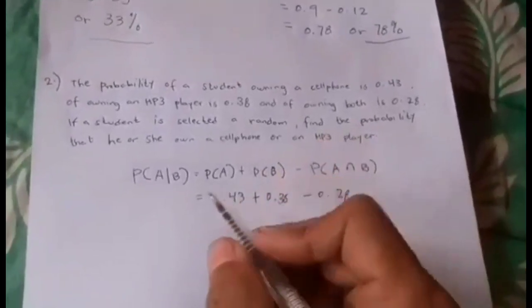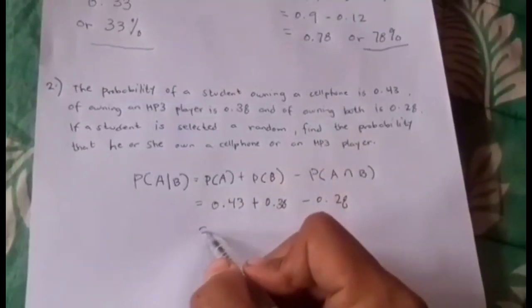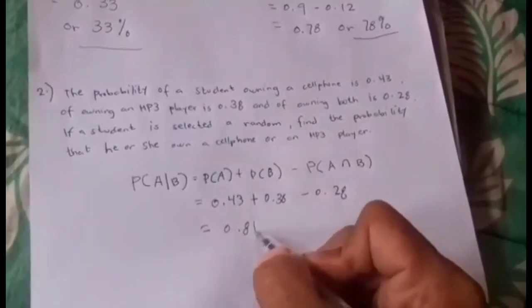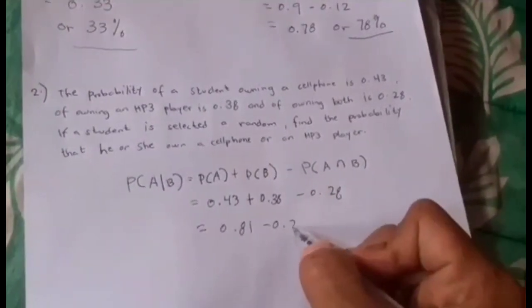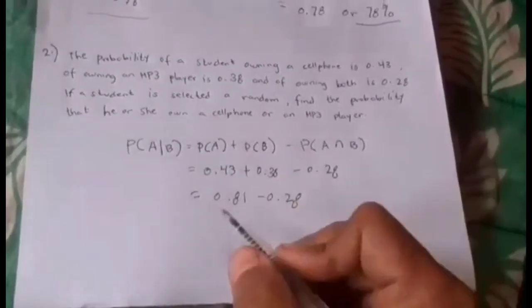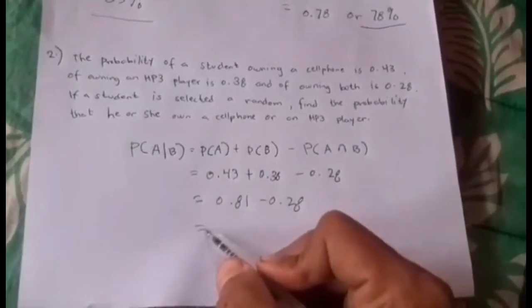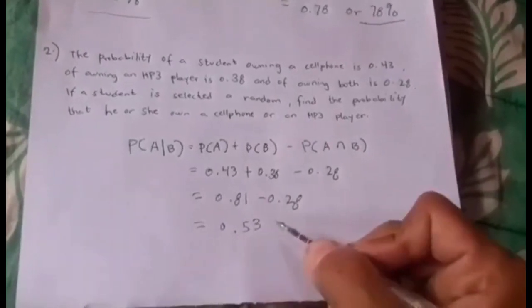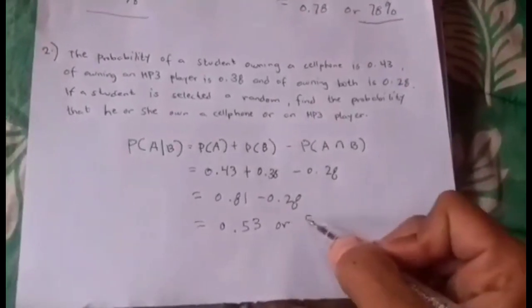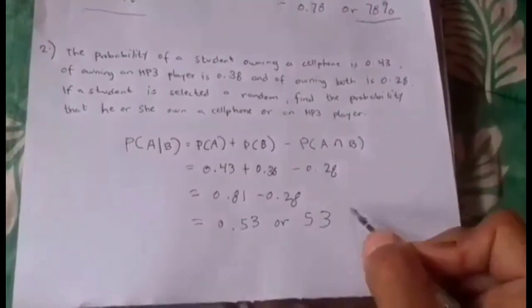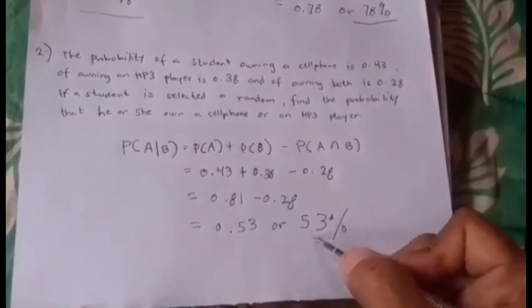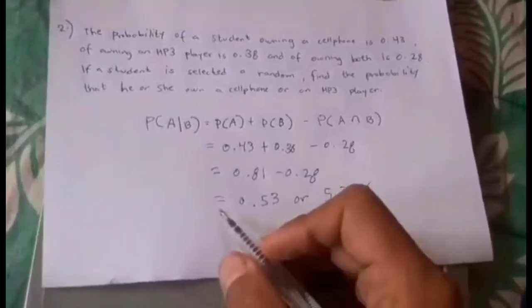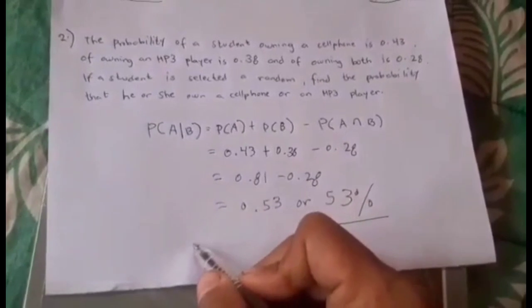So 0.43 plus 0.38 is equal to 0.81, minus 0.28, which is the value of the probability of the intersection. So 0.53 is the answer, or 53%. So there is a 53% chance that he or she owns a cell phone or MP3 player.